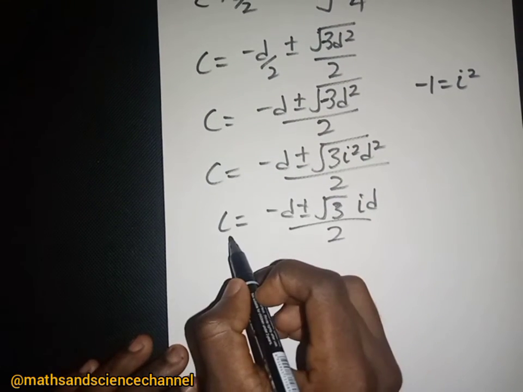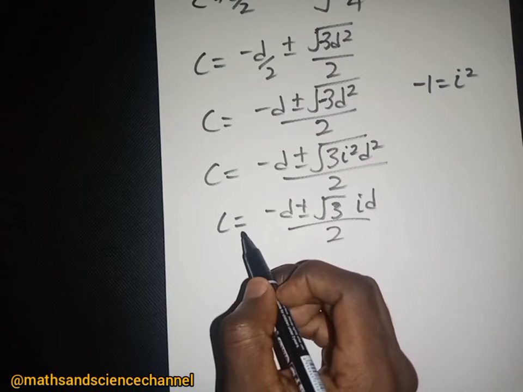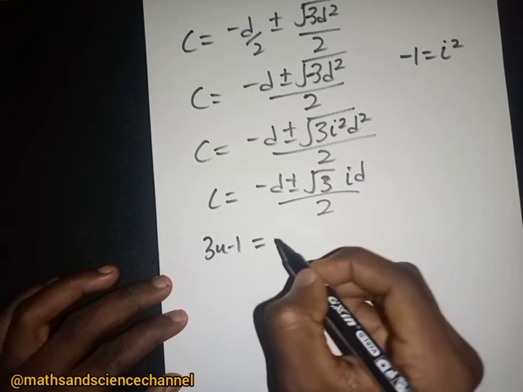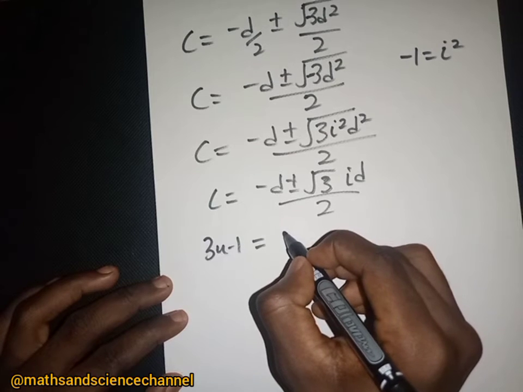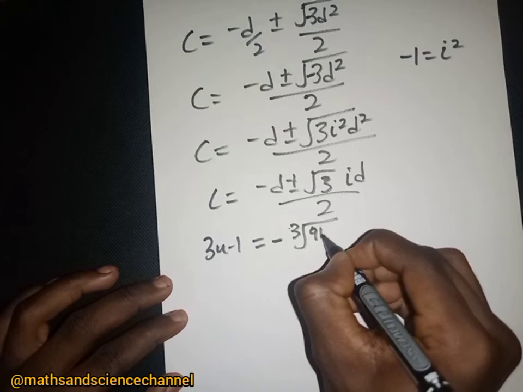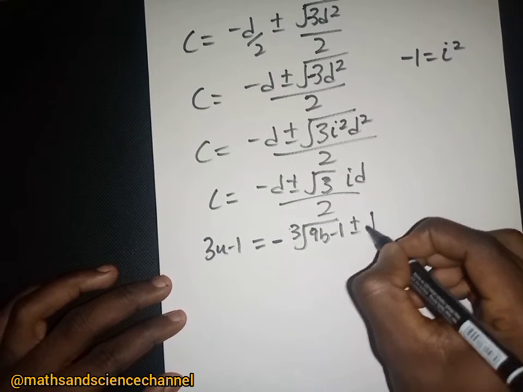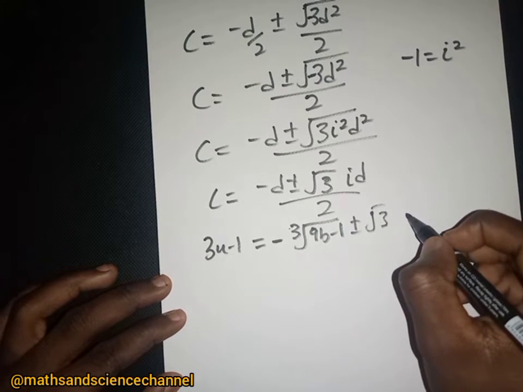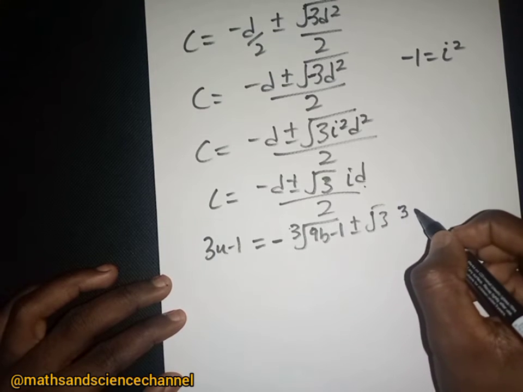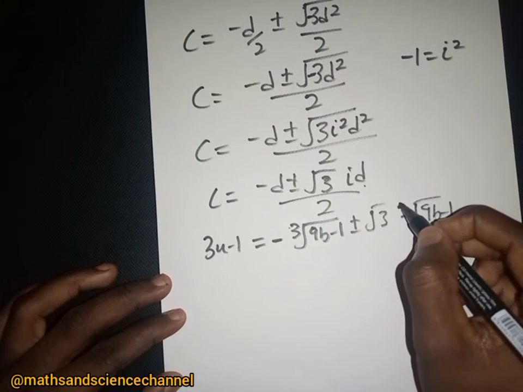Now what is c? We assumed that we set c to some variables, right? We said c should be cube root of 3x minus 1, and therefore d should be, remember it's negative here, the cube root of 9b minus 1. So we are just substituting that into that. So we have root of 3, then d here being cube root of 9b minus 1.